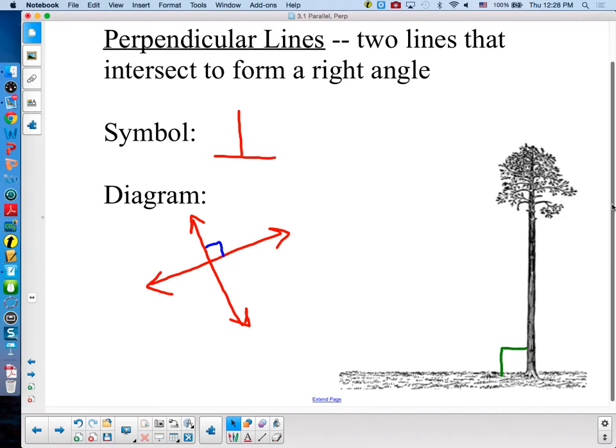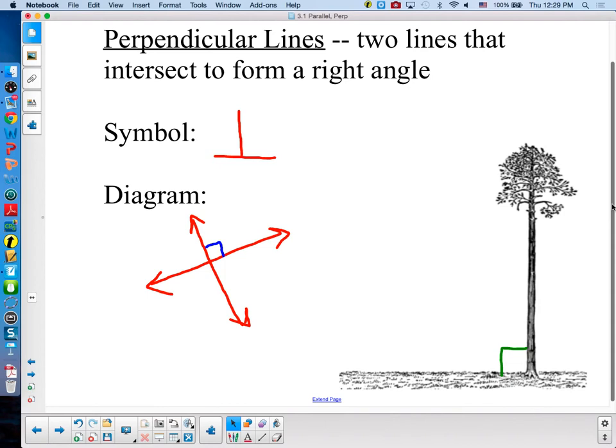Now the tree picture is there because usually when we're measuring a height, we have to interpret that as perpendicular to the ground. So that tree is perpendicular to the ground. Are all trees perpendicular to the ground? I'd say probably not. You know, some trees slant. But there's an example of perpendicular.